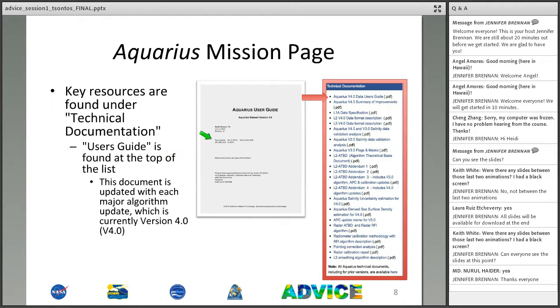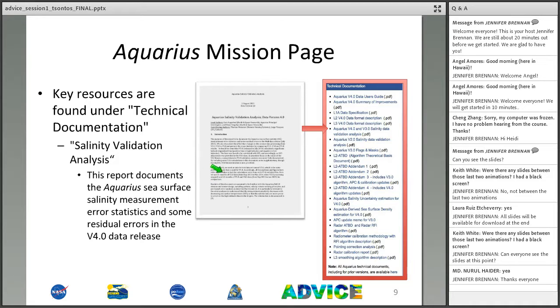But the user's guide is really a key document, especially for users who are unfamiliar with the Aquarius dataset, because it describes the specification of the data products, what data products there are, the metadata that's contained, how to access the data, all manner of very, very useful information that especially a novice user of the Aquarius data will want to read about before actually trying to work with the data themselves.